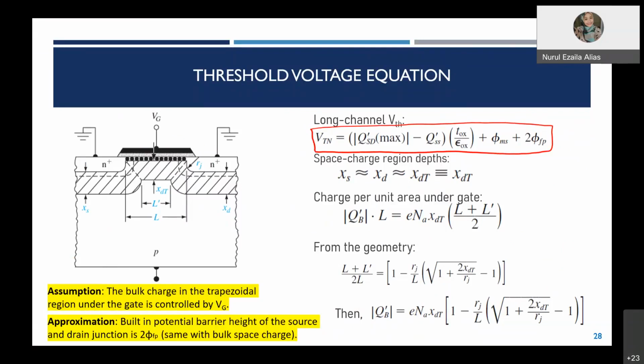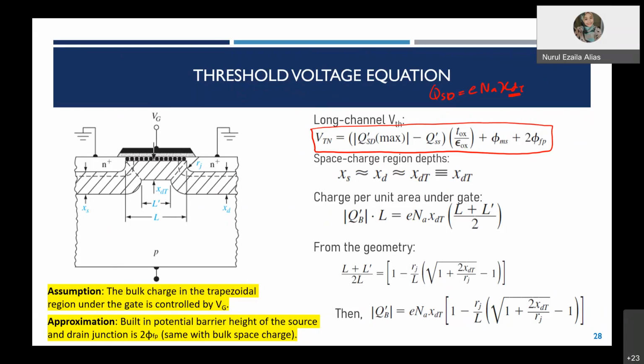If you still remember, QSD is equal to q N_A X_dt, where Q is the total charge inside this X_dt. So when this X_dt reduces the area, the charge also reduces. Like I said, the threshold voltage depends on the charge.